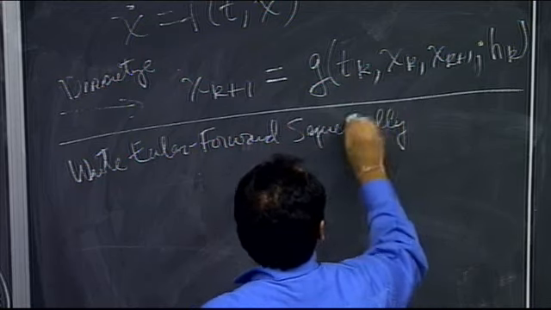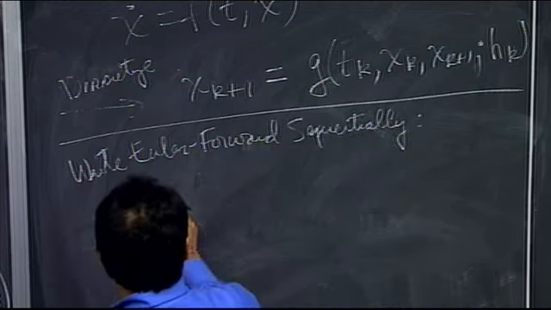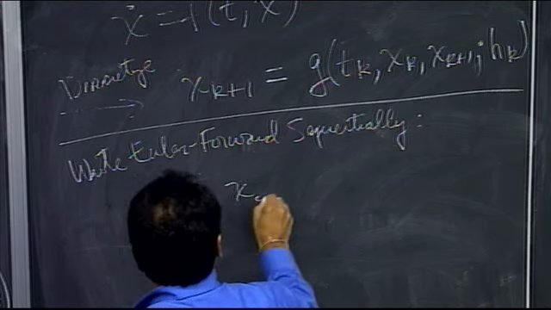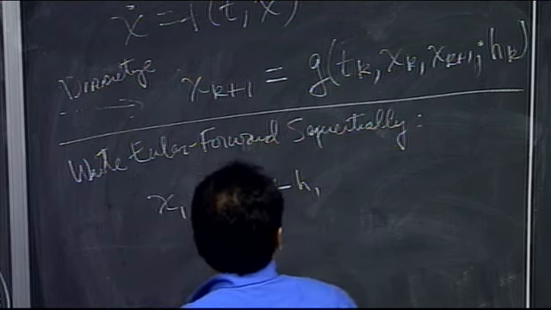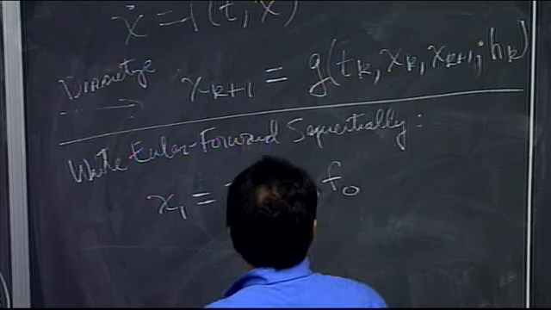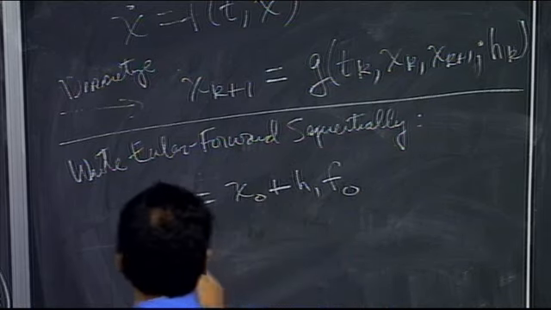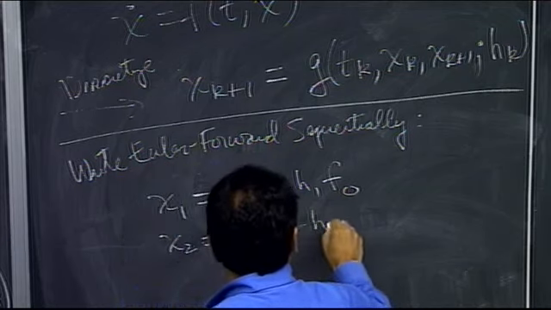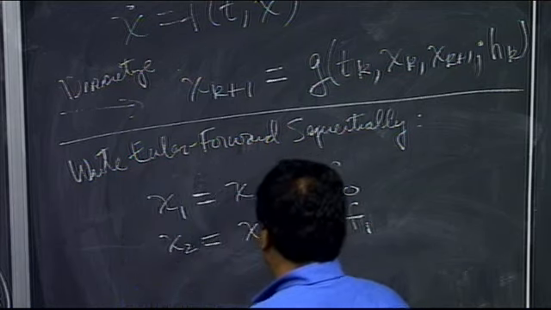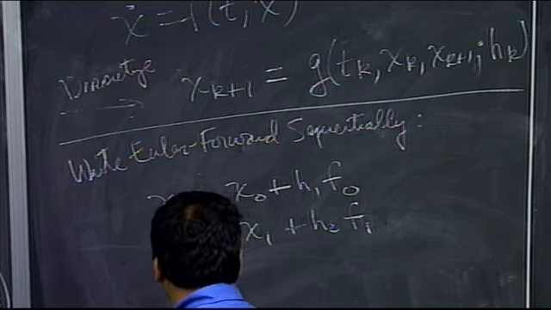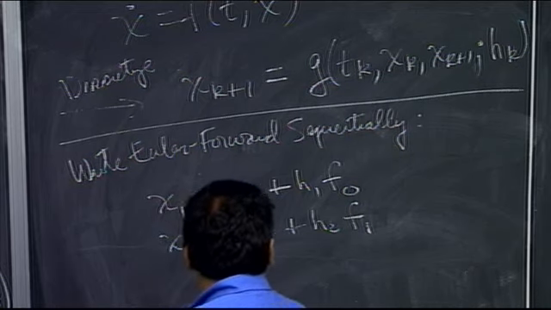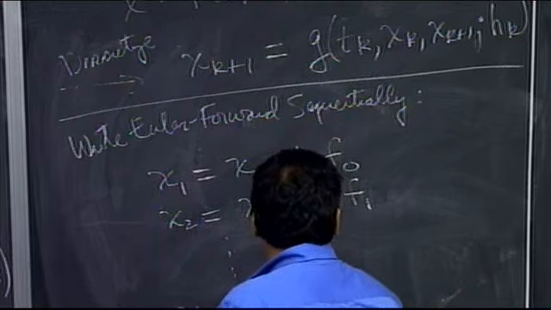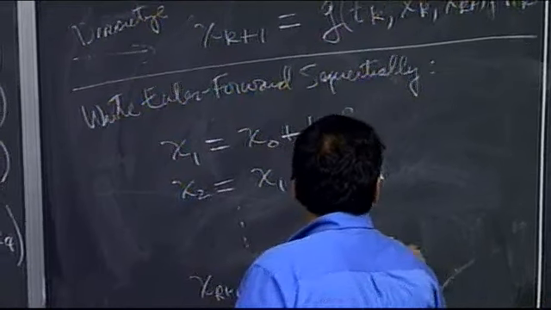x1 is equal to x0 plus h0 times f0, right? x2 is equal to x1 plus h1 times f1. And I can keep doing that. x(k+1) is equal to xk plus hk times fk.